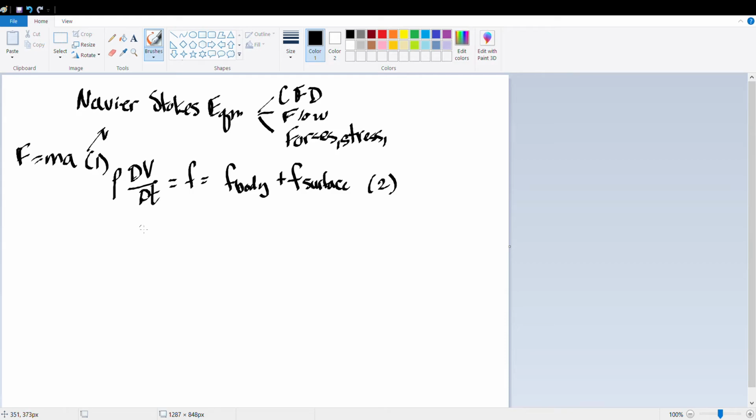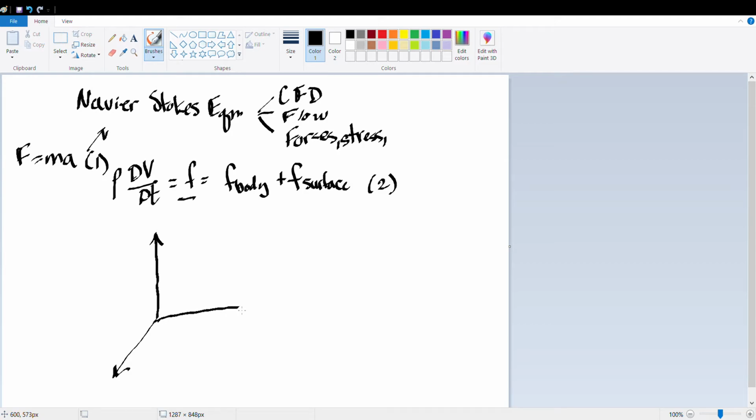And so F is the applied force per unit volume of the fluid particle. That's what this F is, the applied force per unit volume of the fluid particle. So the best way: all Navier-Stokes approximations start with the tensor cube.